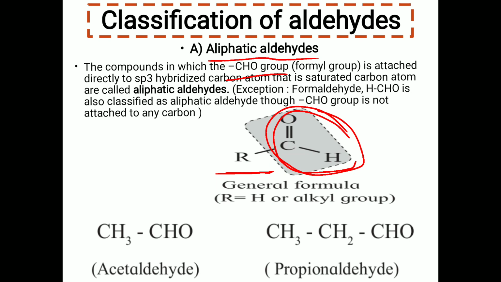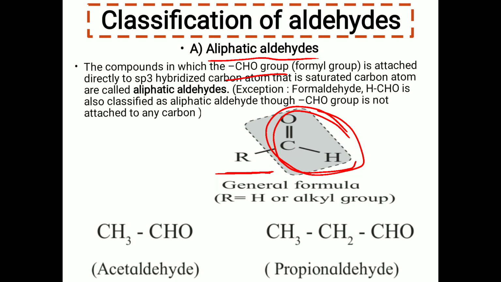the sp3 hybridized carbon atom, but it can be attached to a simple H, and then it is known as formaldehyde. Although it is not directly attached to an sp3 hybridized carbon atom, it is still classified as an aliphatic aldehyde, and one example is HC double bond OH, that is formaldehyde.